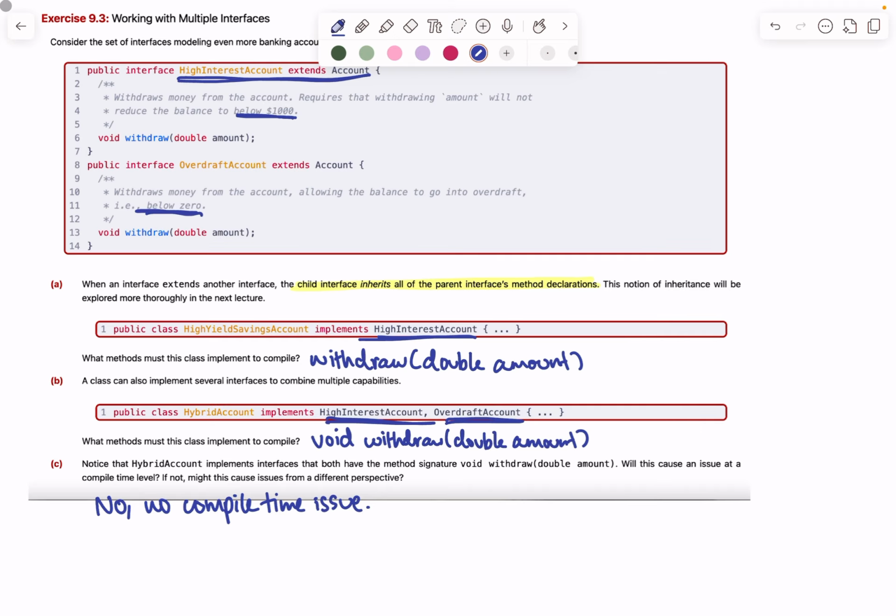Because they might expect one thing from the high interest account or from the overdraft account, but they won't be able to get it because by fulfilling the invariant for the withdraw method in overdraft account, we actually are going to violate the invariant for the high interest account. So yes, this will cause an issue. Once again, this issue is because by maybe allowing one invariant to be satisfied, we actually violate another one.